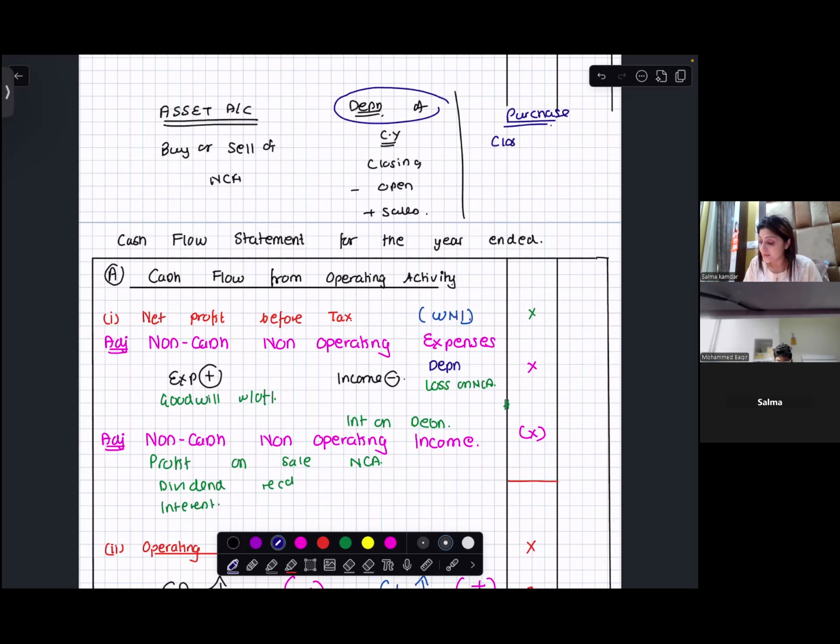Same thing. Closing balance minus the opening balance plus sales. But here you will take the asset cost into consideration, and here you are going to take your accumulated depreciation into consideration.